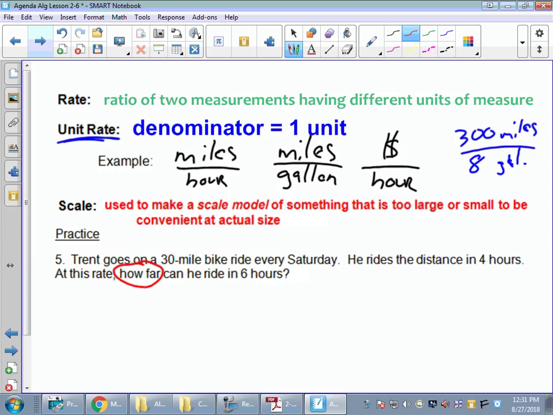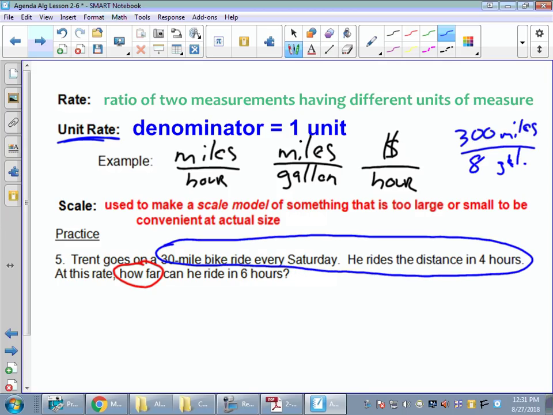Okay? So in the first couple sentences, let me break it down for you. He takes a 30-mile bike ride every Saturday, and he rides the distance in 4 hours. So that kind of gives you your first ratio right off the bat. He's got 30 miles, and it takes him 4 hours to do it. Okay?